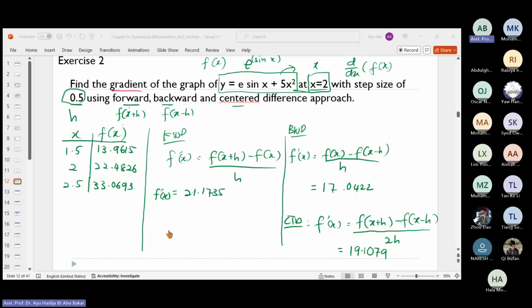What do you get for the true value? 18.890. 18.966.